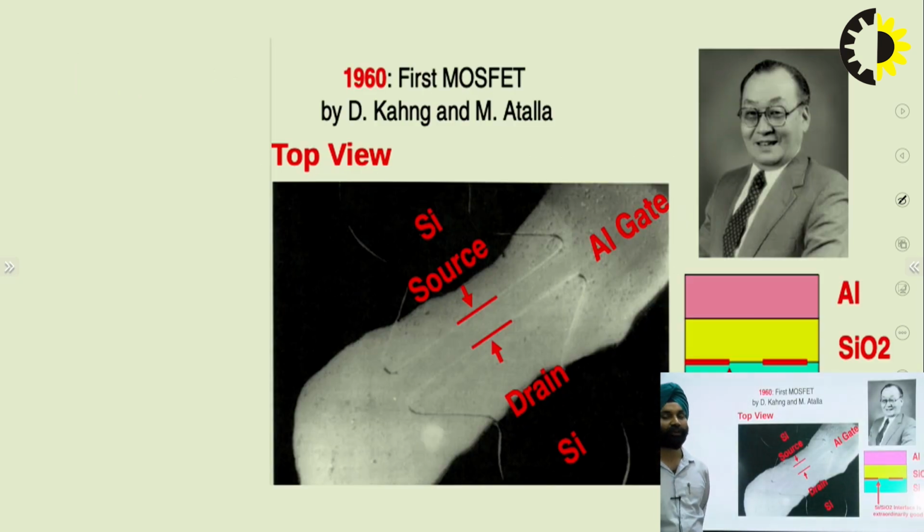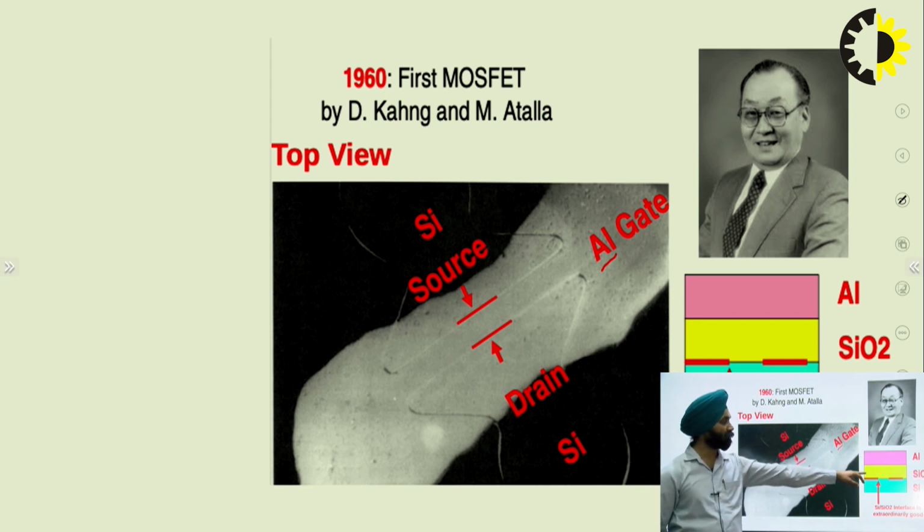So this was the first MOSFET that was used, which was using semiconductor silicon. The gate was of aluminium. If we look at the side view, it was aluminium, silicon oxide, and silicon. Silicon oxide acts as the oxide for the MOSFET. Aluminium was the metal used for conduction, and silicon is used as the semiconductor for the source and the drain.